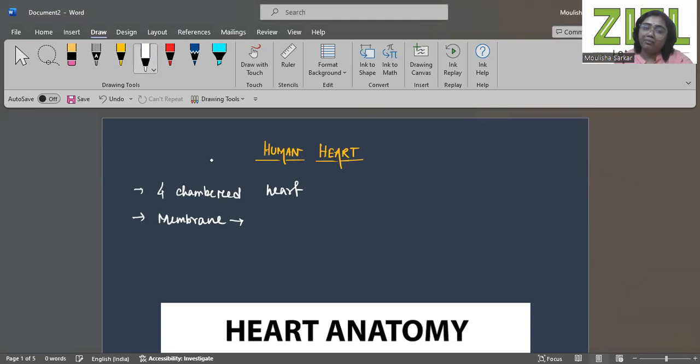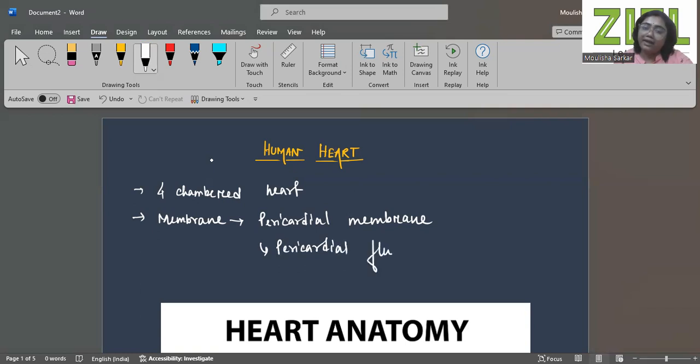You need to remember the name, pericardial membrane. It has its outer part and its inner part, and this pericardial membrane secretes a fluid. Now what is the function of that fluid? That fluid is known as the pericardial fluid.